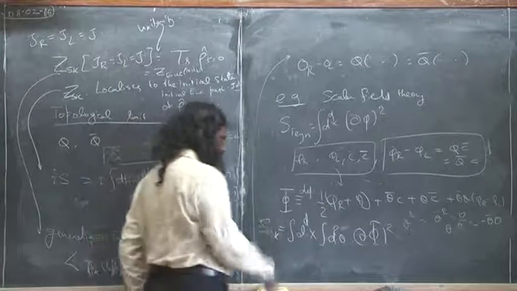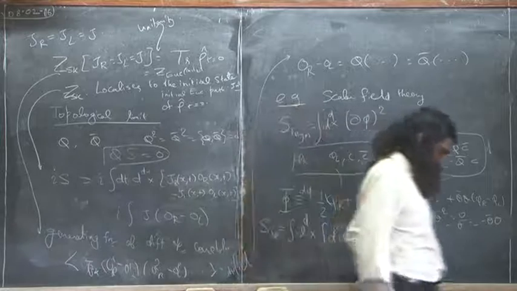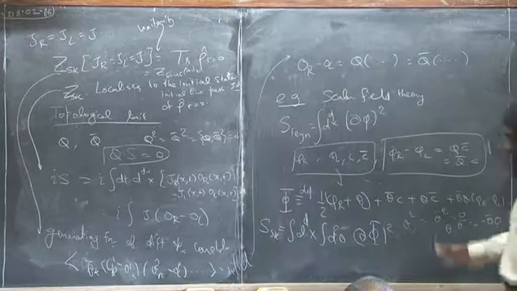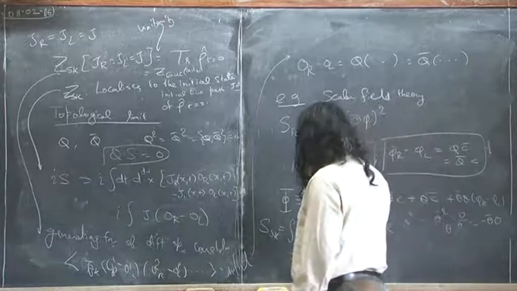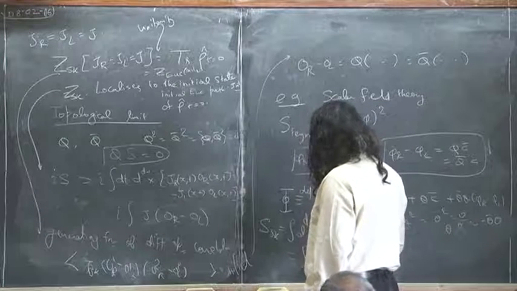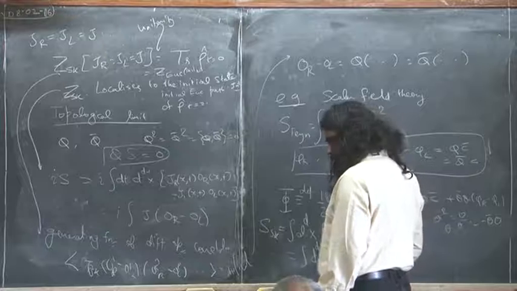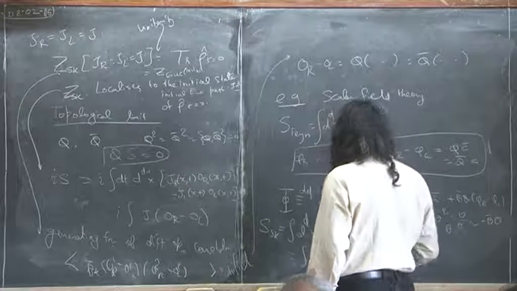In fact, you can do this integral. This is a Grassmann integral where the integral over d theta is del theta. Is it del phi square or is it some analog of the chiral phi d terms? No, this is del phi square.